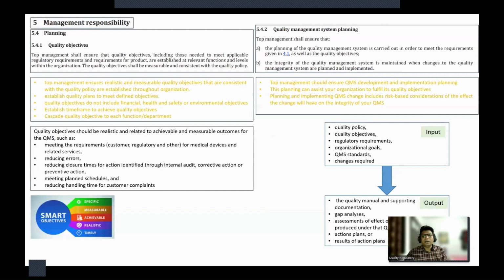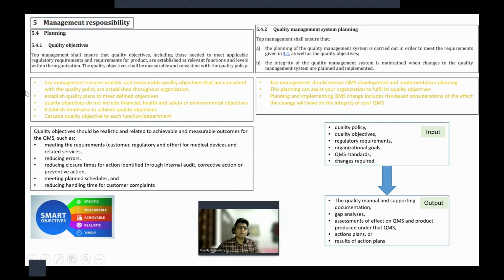The next one is management responsibility, and in that, the next section is the quality objectives. They have to review them periodically, including those needed to meet applicable regulatory requirements and for the product, established at relevant functions and levels within the organization.